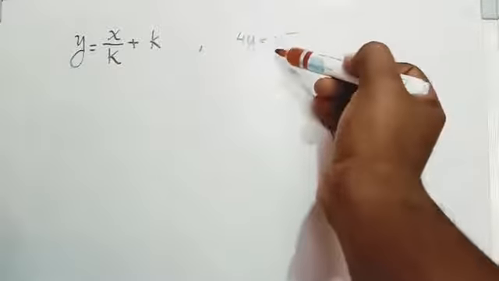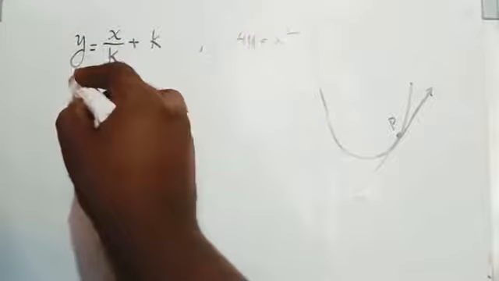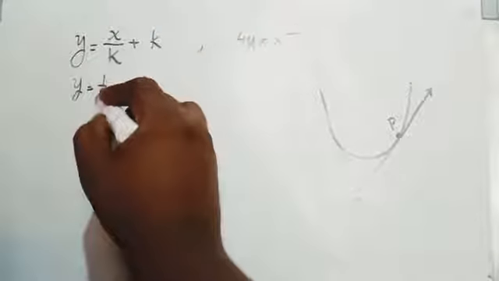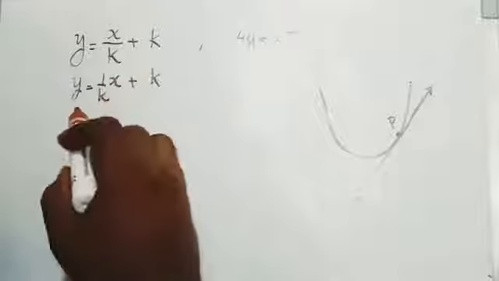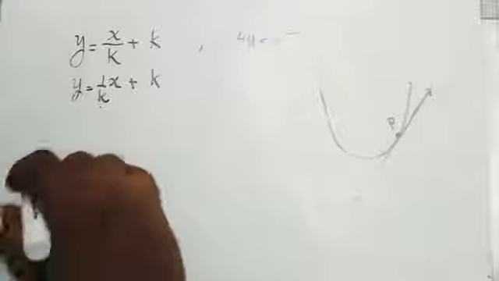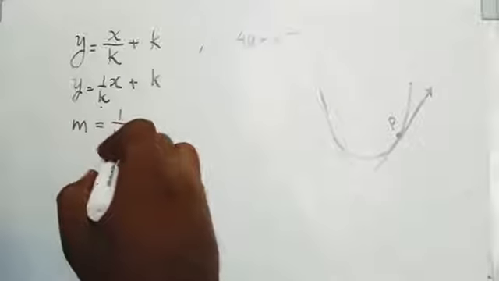This is in the form y is equal to 1 by k x plus k, in the form y is equal to mx plus c, so the gradient is 1 by k.